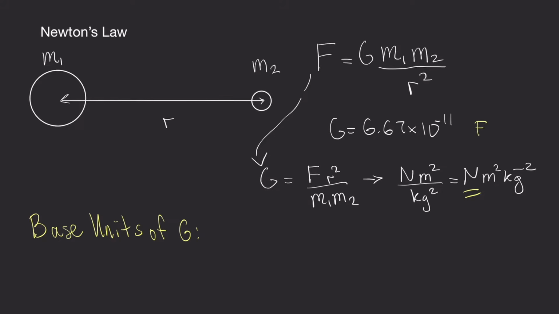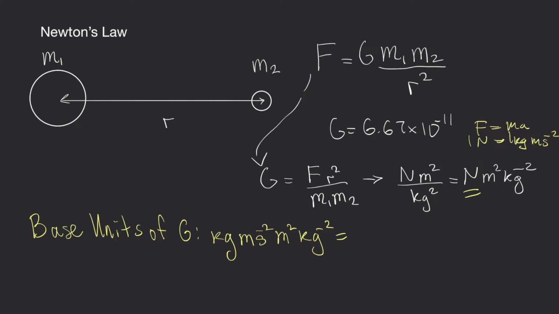Because force is equal to mass times acceleration, 1 Newton is actually equal to 1 kilogram multiplied by 1 meter per second squared. So this here will be equal to kg m s^-2. This was just the Newton, multiplied by the rest of it, which is m² kg^-2.